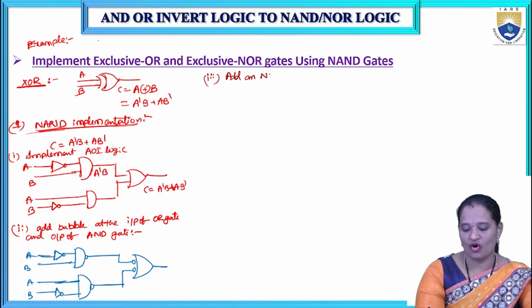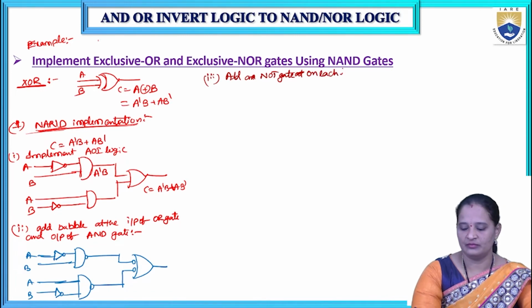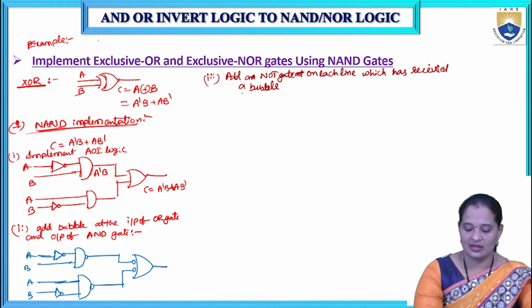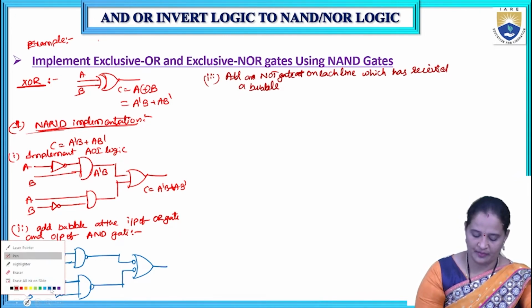Add a NOT gate on each line which has received a bubble. So now I'm going to add the inverters.